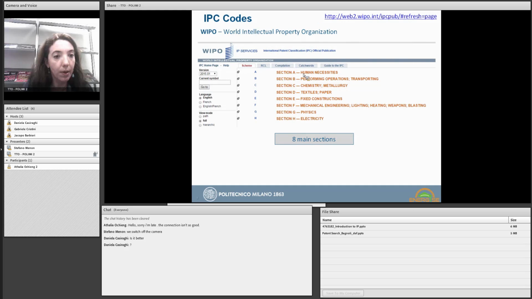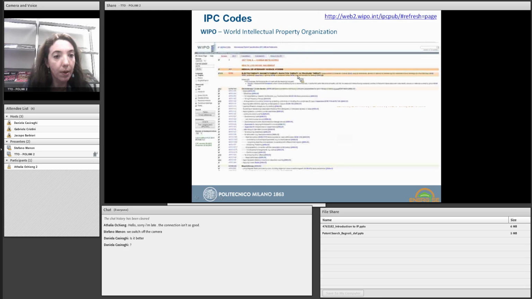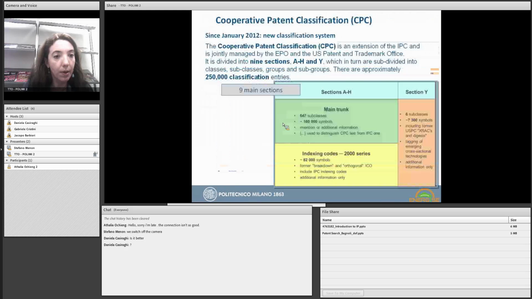And if I click on one of these classifications, I have an expansion of all the subclasses and subcodes describing the invention in a deeper way.